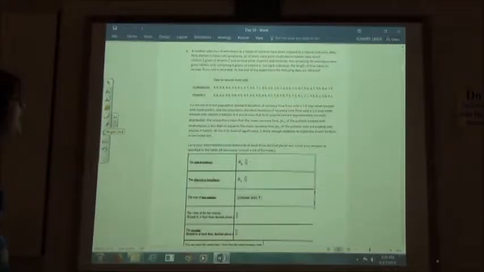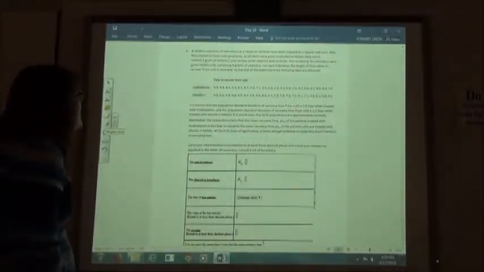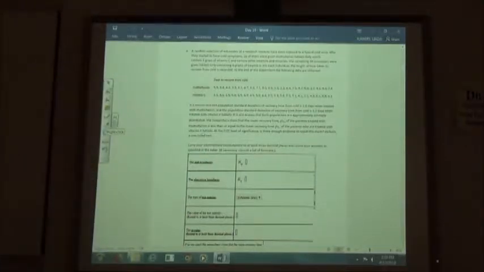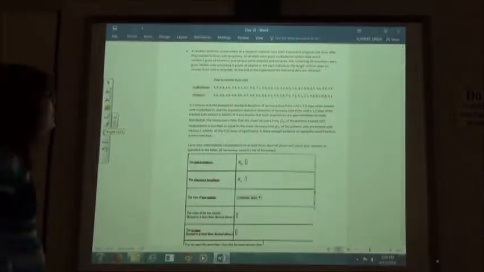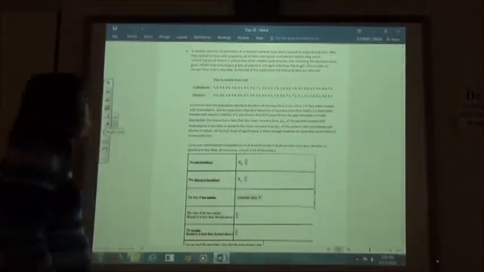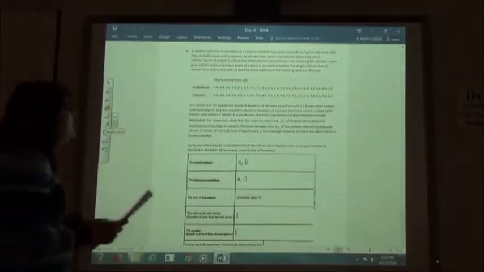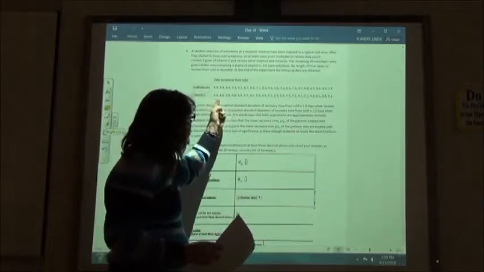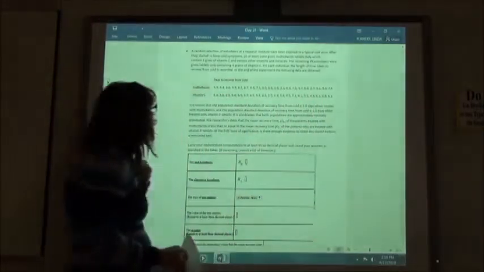The remaining 20 volunteers were given tablets only containing 4 grams of vitamin C for each individual. The length of time taken to recover from cold is recorded. At the end of the experiment, the following data are obtained. So if they had the multivitamin, these are the number of days it took them to recover. If they had just vitamin C, here's my list of number of days.